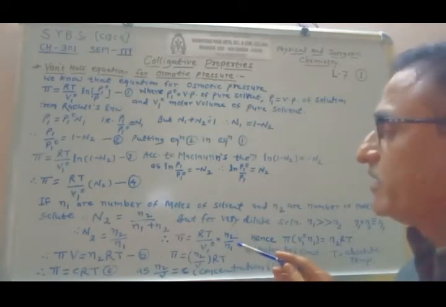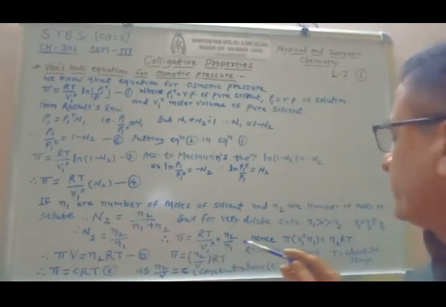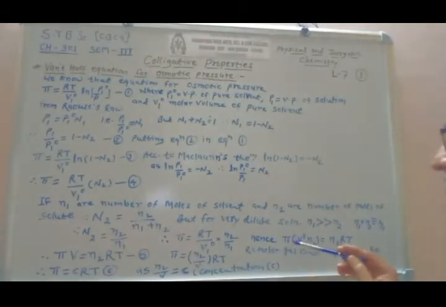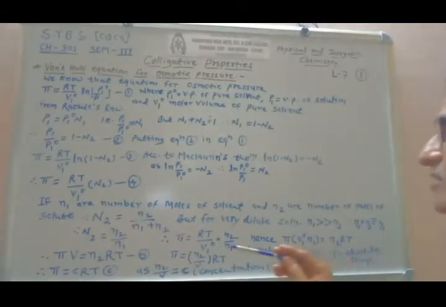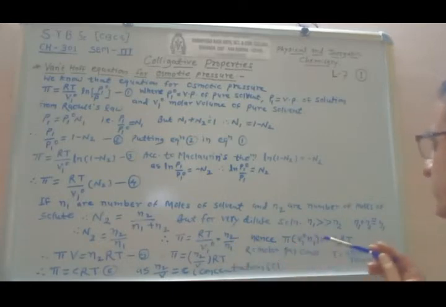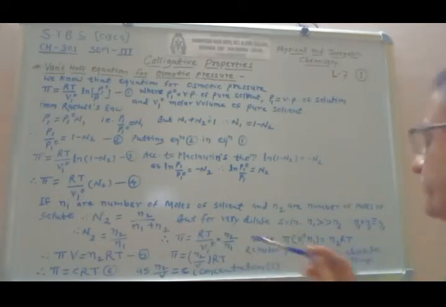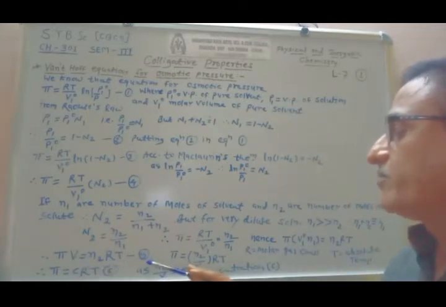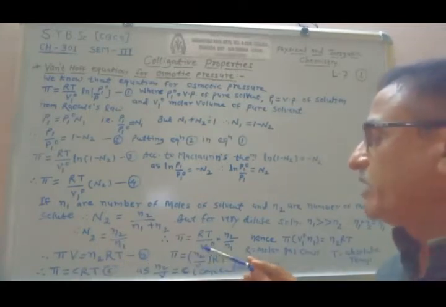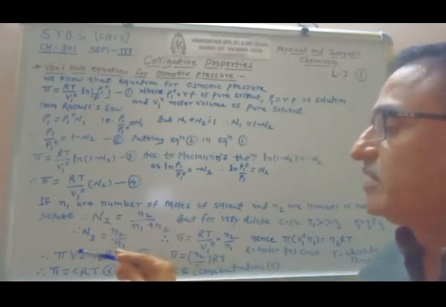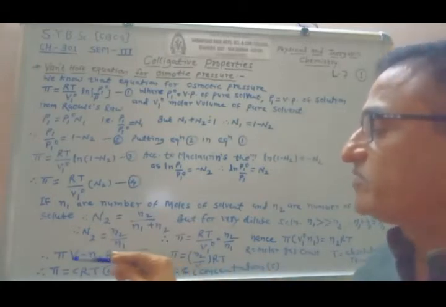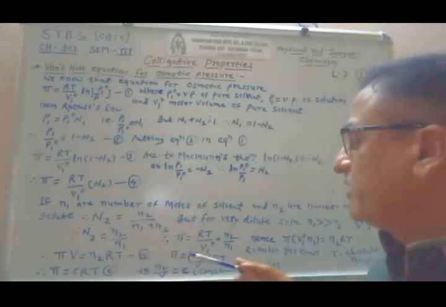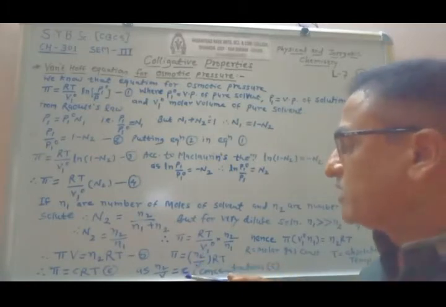Now π into V10 into n1 is equal to n2 RT. Then πV is equal to n2 RT, call it equation number 5. π is equal to n2 upon V into RT. Here n2 upon V is nothing but concentration.